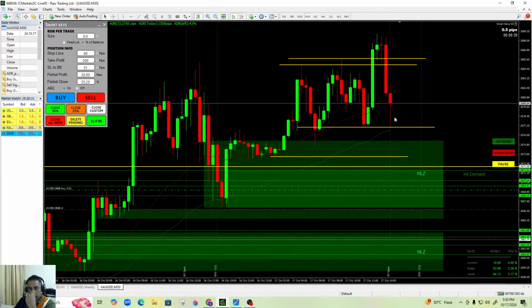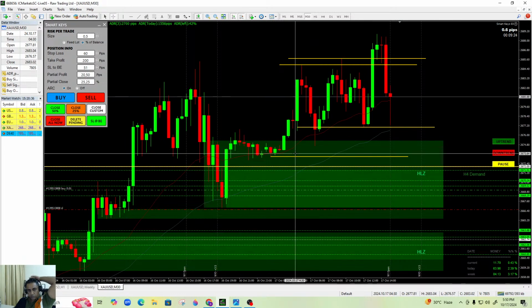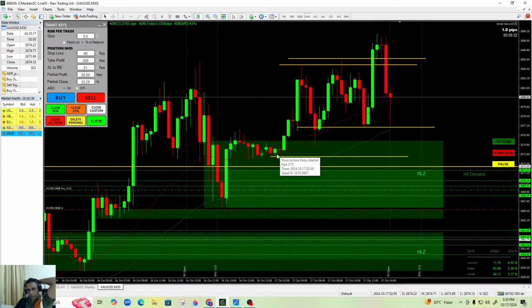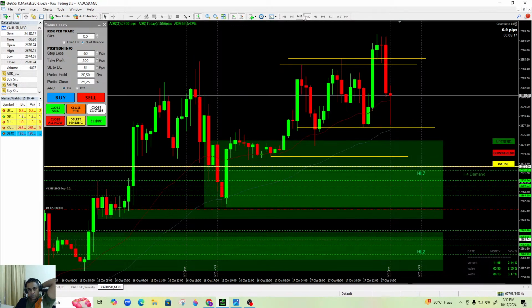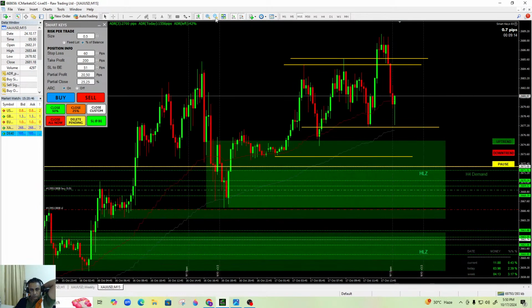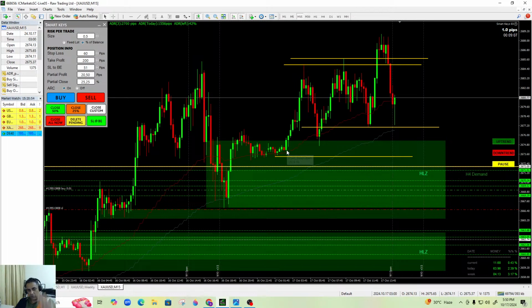So if you do close below this London low, then we should take out this low and come further down. Because this candle has no bottom wick. This candle right here has no bottom wick. We should take out this low right here. This low is 2674, so we should push below 2674.